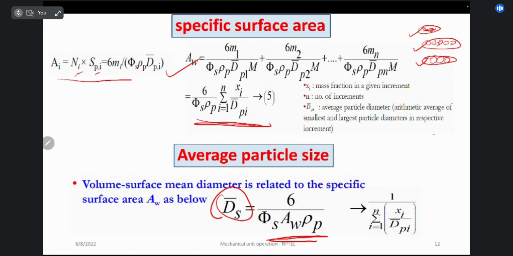But volume surface mean diameter is generally used in many kinds of calculations. So we will follow this volume surface mean diameter, also known as the Sauter mean diameter. So d bar s equal to 6 by phi s A w rho p. At the end, if you derive this equation, it is easily represented by d bar s equal to 1 upon summation i equal to 1 to n in bracket xi by d bar pi.